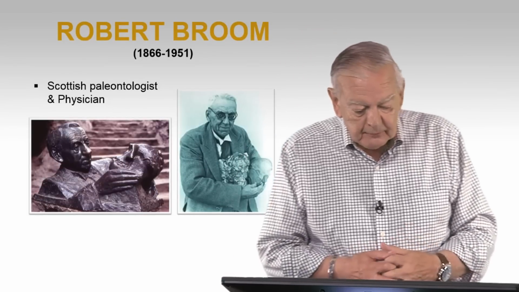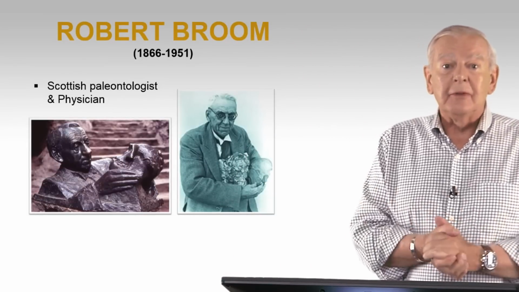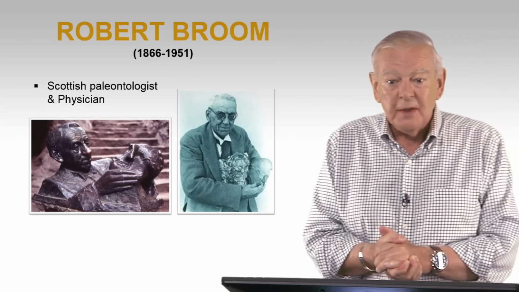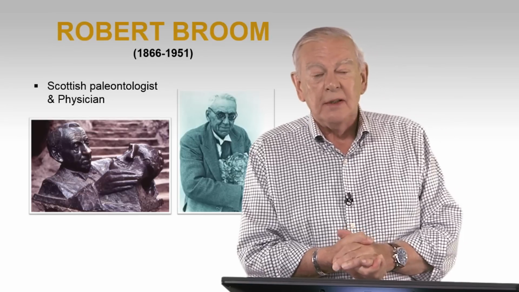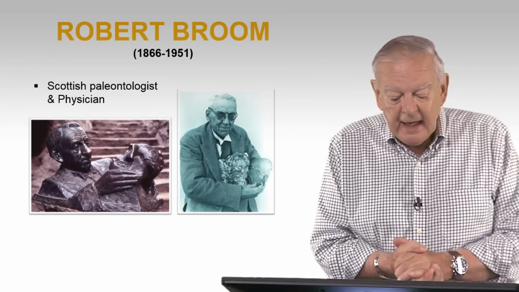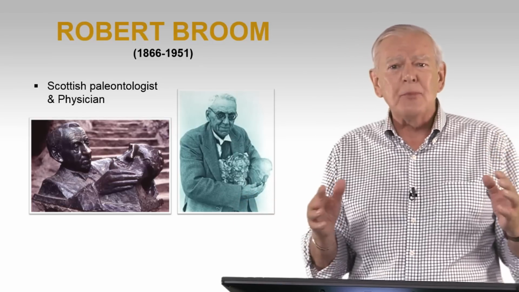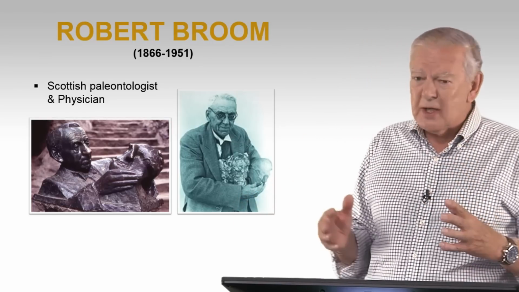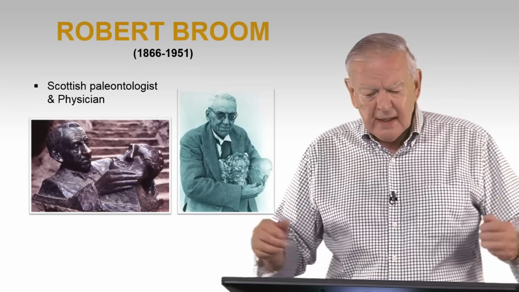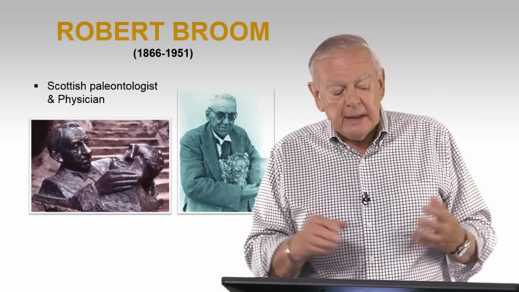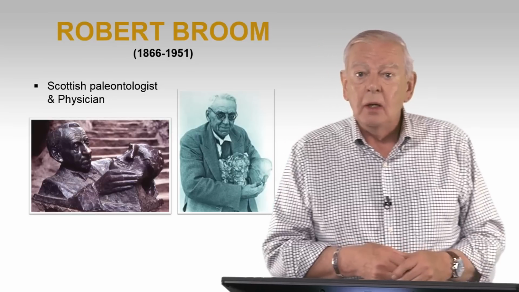Well, enter one of the more colorful characters in the study of human origins, Robert Broom, a Scotsman who was a physician and an outstanding paleontologist. He used to get people so upset in South Africa, he'd walk into a museum, there'd be a fossil on display, could be a mammal-like reptile, he knew a lot about those, and he'd just look at it and he'd say, it's a new species.